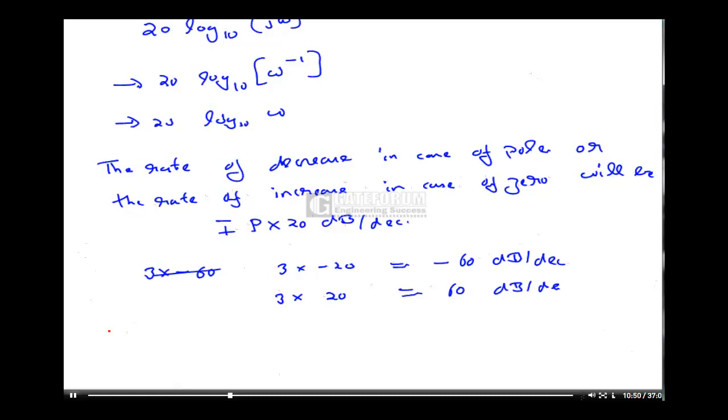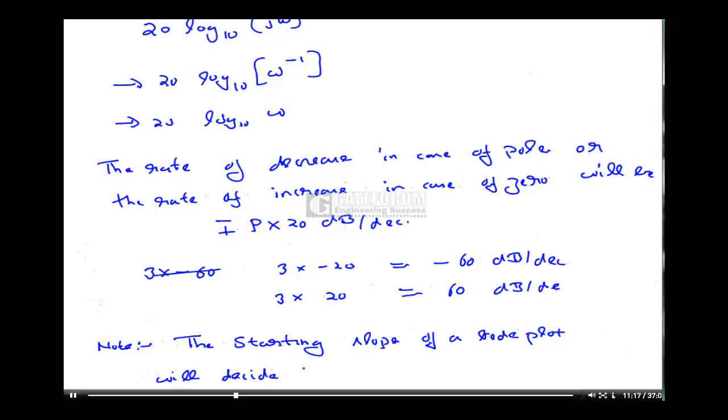Now, the point to note in this is that the starting slope of the Bode plot will decide the number of poles or zeros at origin.